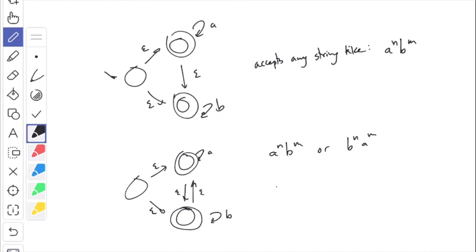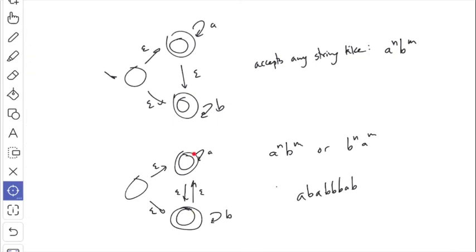Like anything. If I did A, B, A, B, B, B, A, B, can you do that? I think you can by going back and forth here. Whenever you want, you can do these epsilons back and forth.